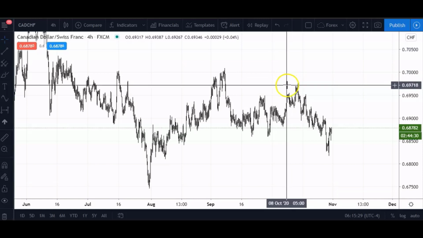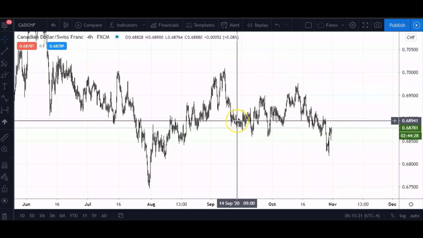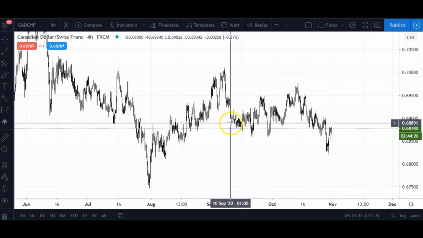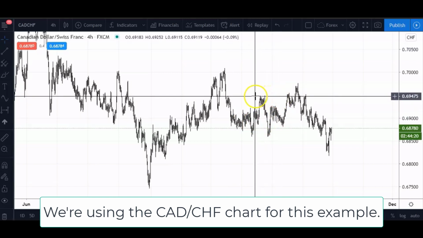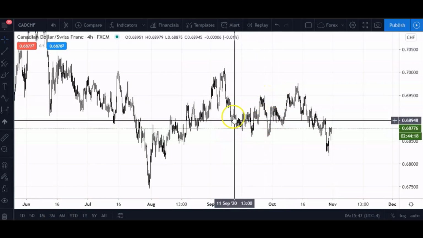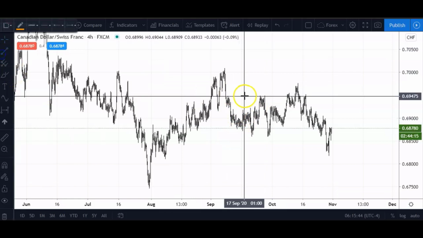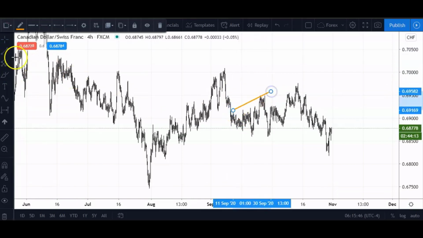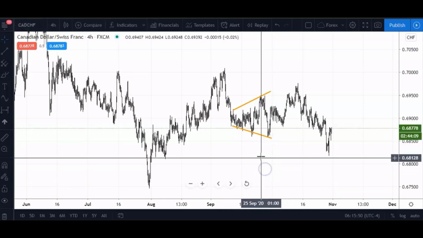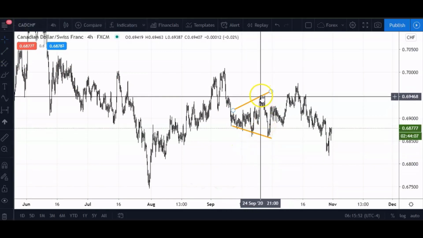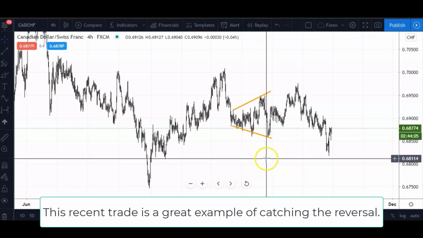patterns. As you can all see here, since around the 10th of September, this was actually a trade that myself and my members took. We identified an area where we thought an expanding triangle, and you can see the shape. Before we look closely, I'll quickly show you the shape of what we thought was an expanding triangle, and we got into a trade here and we managed to take profits all the way down.